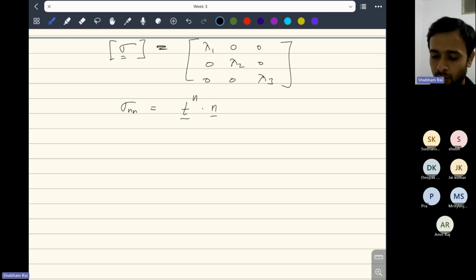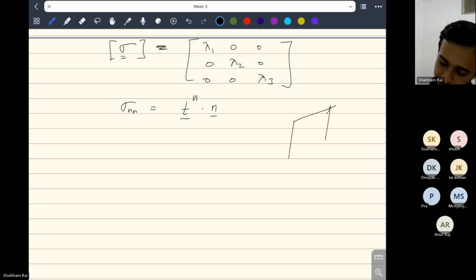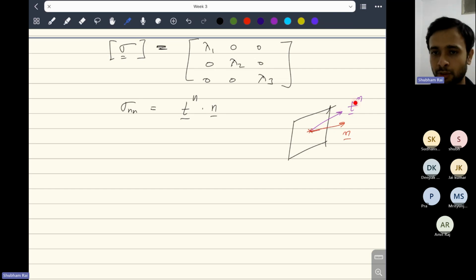And now, how will the shear component of the stress be given? Let's say this is a plane, and on this plane you have this as the normal vector and the traction vector is going like this. The normal component is the component of this traction vector along the normal direction. The shear component will be in this direction, which is along the plane.